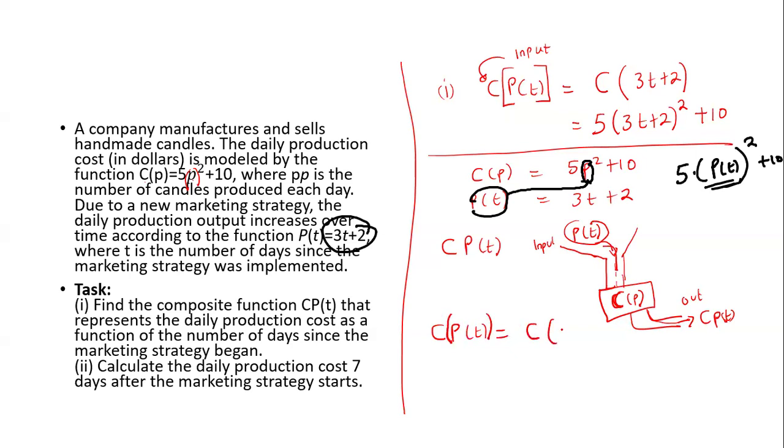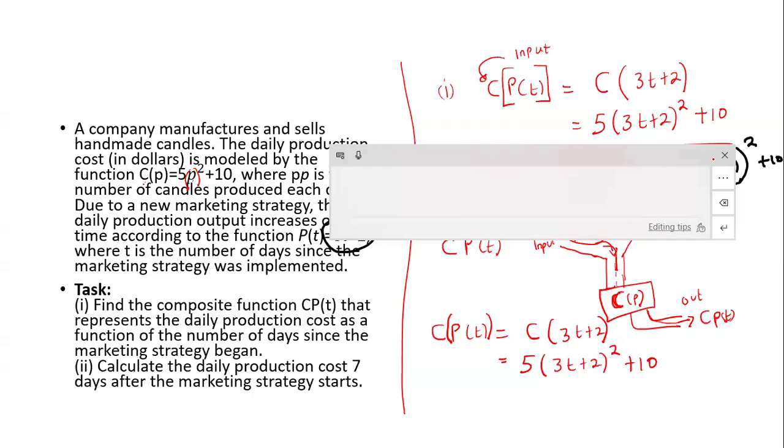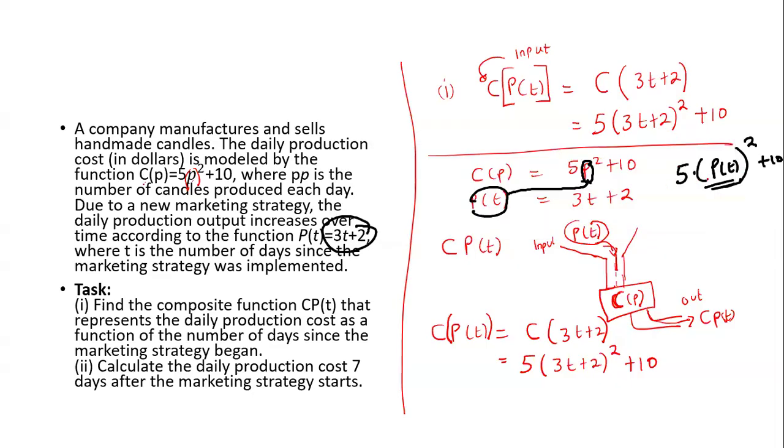That one is given by 3T plus 2. Now from there, we go into our function of C. Where there is P, we replace it with what P was. So here I say now 5 into (3T plus 2) squared, then plus 10. Hope that is okay, people. Is that fine? Now, to everyone.